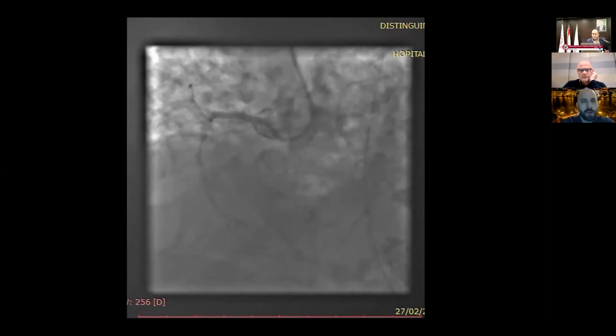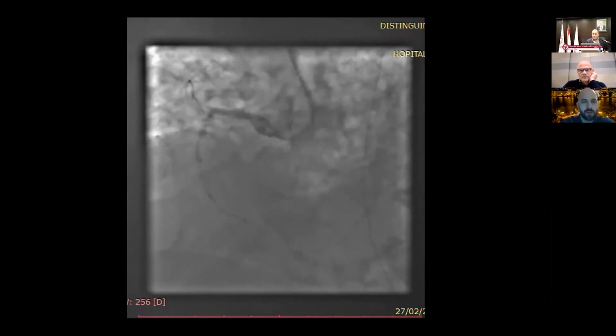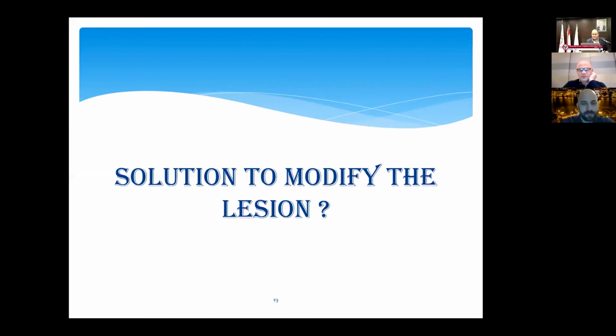It would be impossible to reach with the OPN balloon. Yes, I think for this, because the profile of this balloon is not a good profile. And with the mother and child, because I introduced the mother and child to cross the lesion, but I cannot, because the lesion is very calcified and fibrotic.